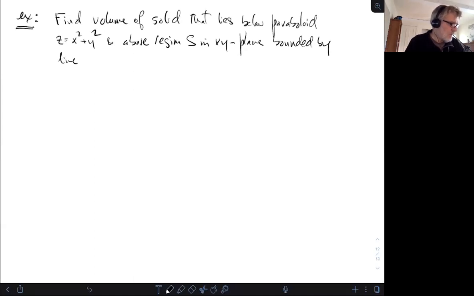The line y equals 2x and the parabola y equals x squared.